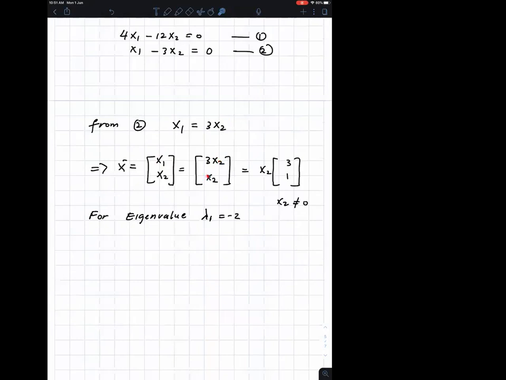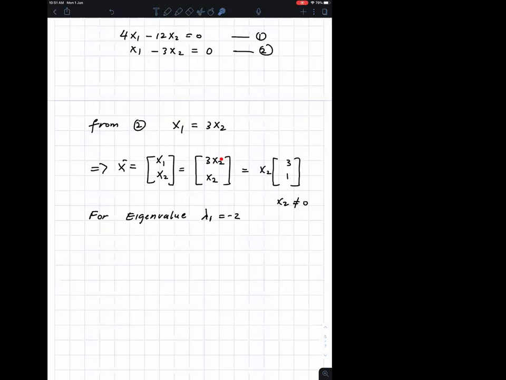Since this is already in x2, you have to leave everything in terms of the same variable. Since I have my x1 in terms of x2, x2 will not change. So everything will be in terms of x2. Okay, sir, thank you. So this is how we usually solve for the eigenvalue and eigenvector.